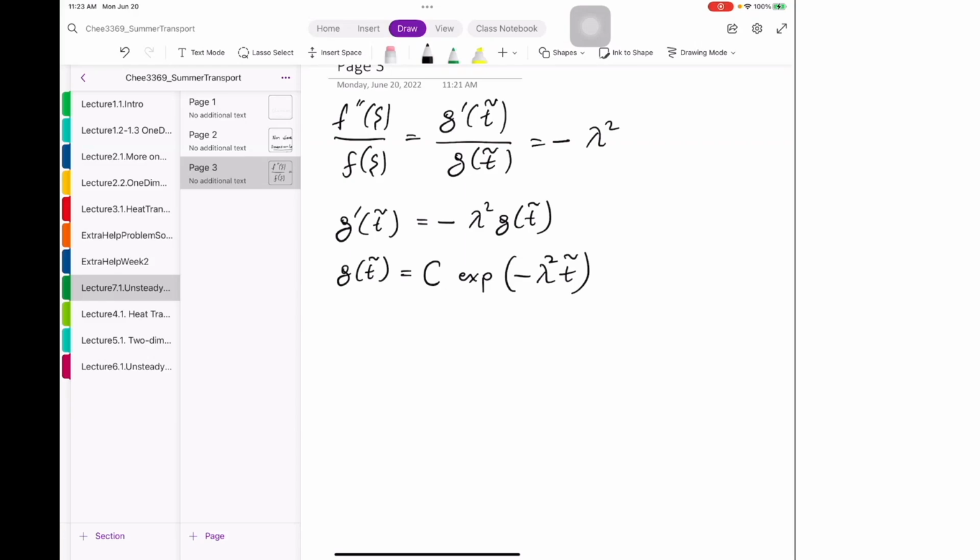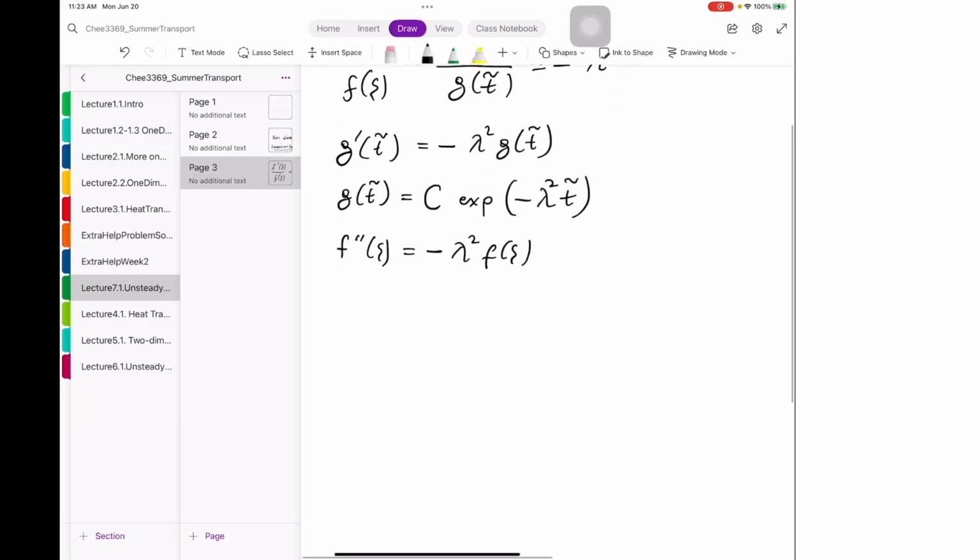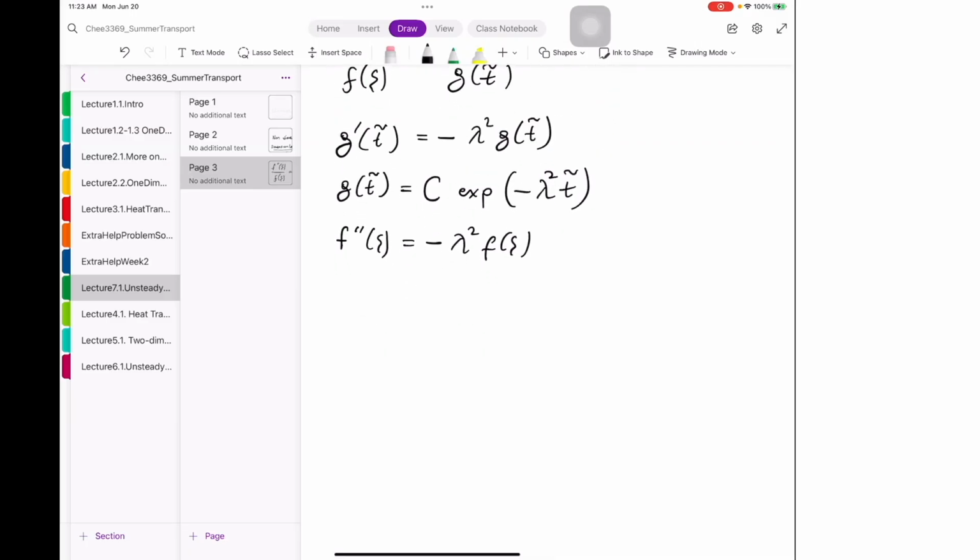And from this one, f double prime of psi is equal to minus lambda squared f of psi, and you know that it must be a sinusoidal function.